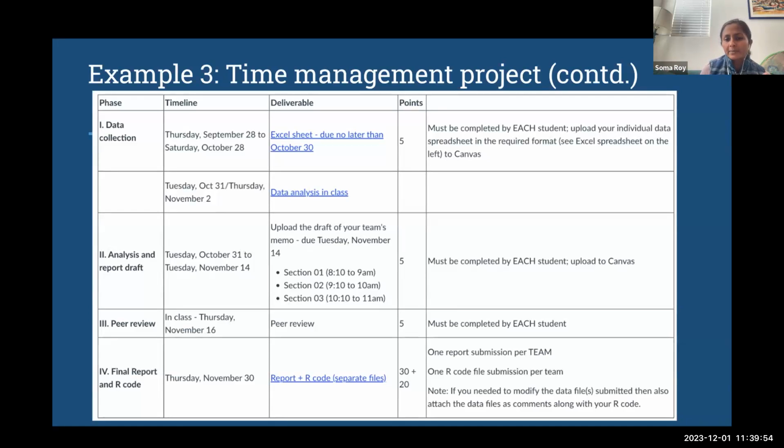We spend some time in class doing a peer review, making sure they have the correct graphs and numerical statistics. That way, when they come to me, they're in very good shape. Then they turn in their report and the R code.